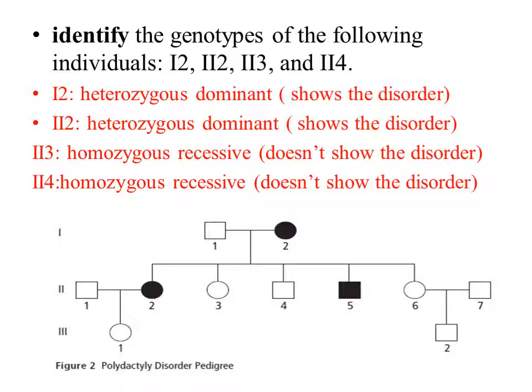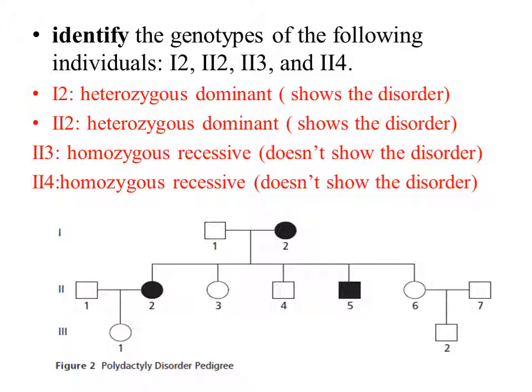Individual 3 in generation 2 is not shaded, so she is homozygous recessive. She doesn't have a dominant allele, so she doesn't have that disorder.